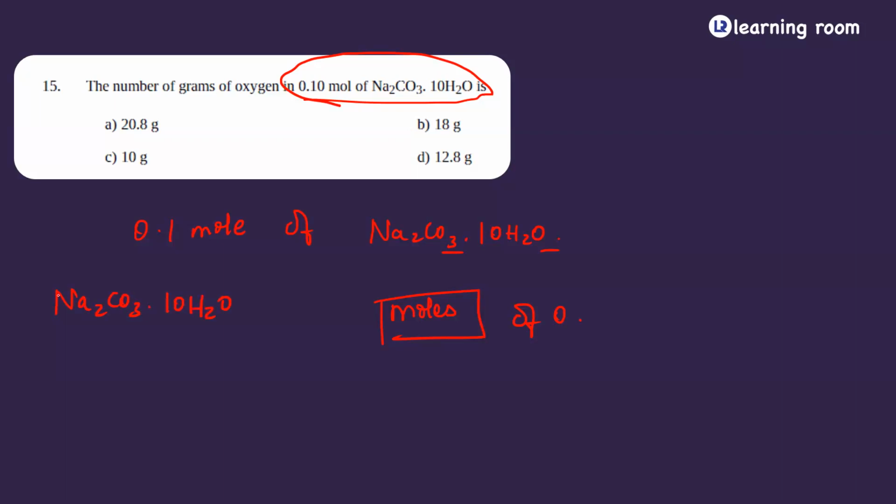In one molecule of this, it is called sodium carbonate decahydrate because 10 water molecules are combined. In one molecule, how many oxygen do we have? 13 oxygen. Correct? So in 1 mole of Na2CO3·10H2O, how much oxygen will be there?